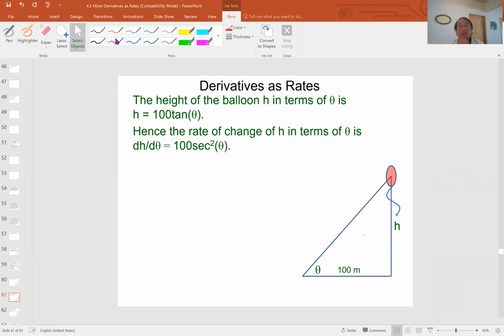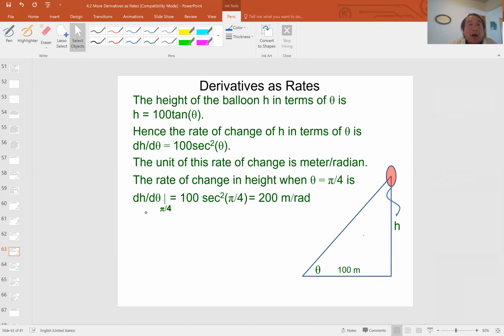And the rate of change is the rate of height change, delta H, when changing the height, going from here to here is delta H, if the balloon goes up to there, versus this change in the angle, delta theta. Okay, so height will be in meters, theta is measured in radians. So this is the rate of change, dH/d theta, and the units.